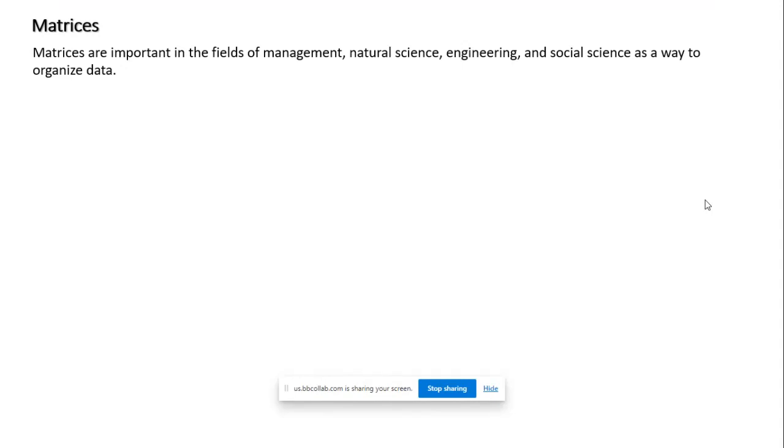The reason they're so great is that they're a great way to organize data and keep it in order. That's why we use them a lot in programming, because the order is fixed, and we can use that for a lot of applications: management, natural science, social science, and engineering, which is what I'm familiar with.